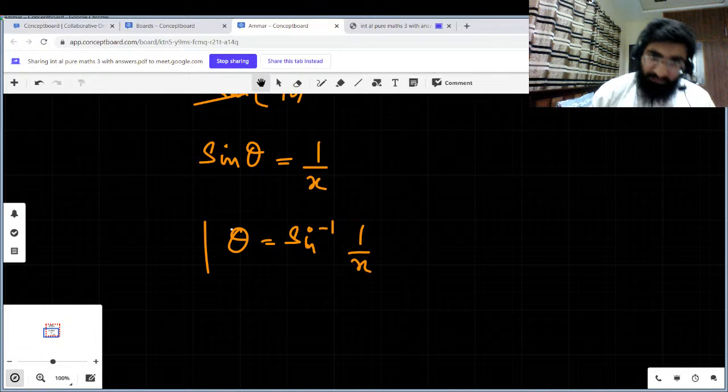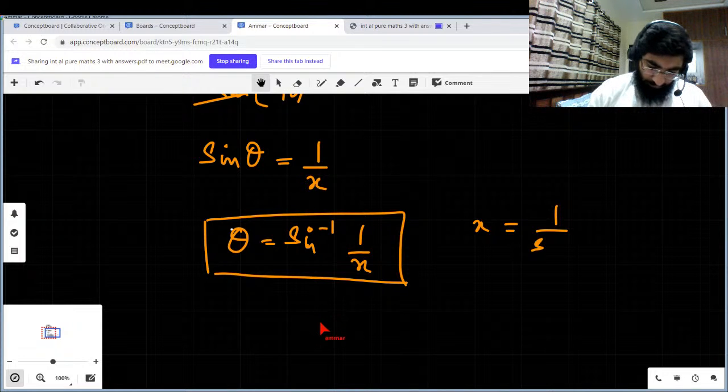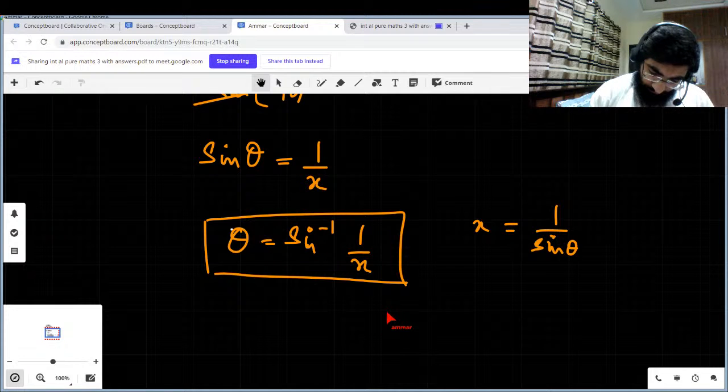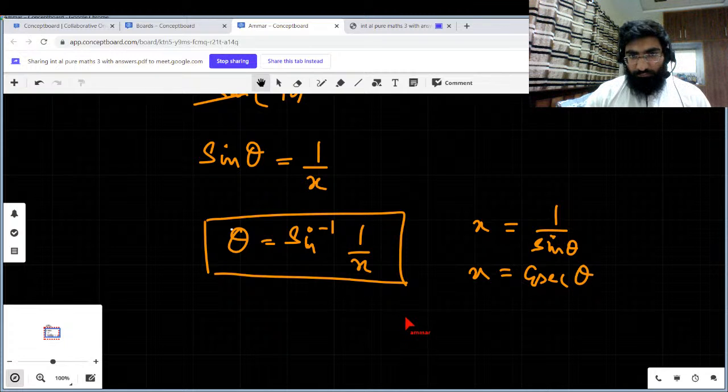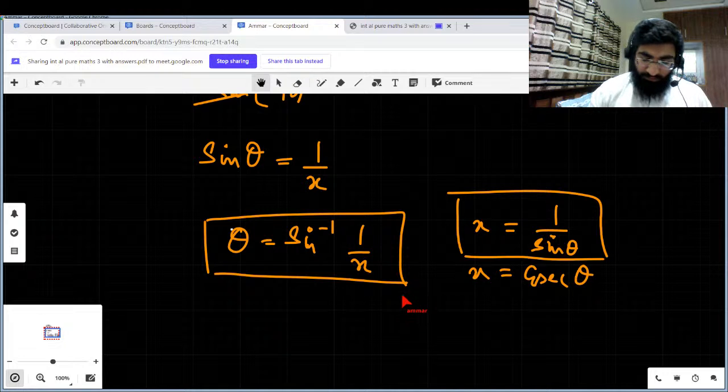The other thing I can say is x is equal to 1 by sine theta, or x is equal to cosec theta. So this 1 over sine is different from sine inverse. This is called a reciprocal of sine, 1 over sine, cosec. These are called reciprocal functions. And this is called inverse of sine.